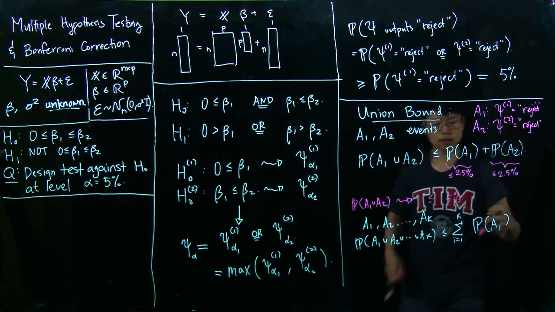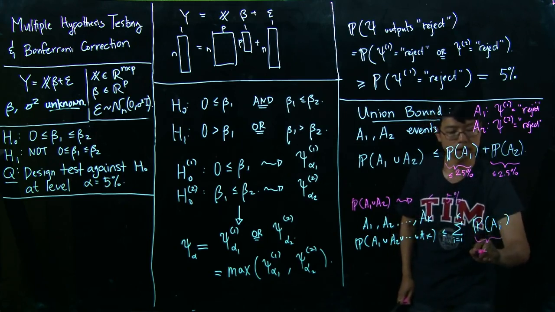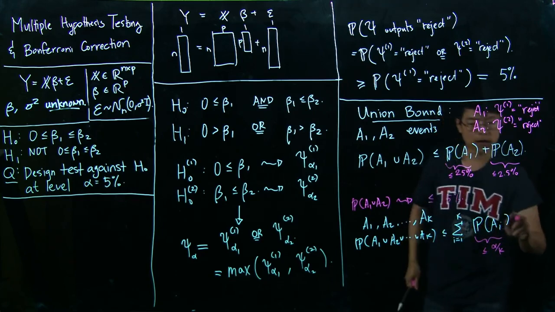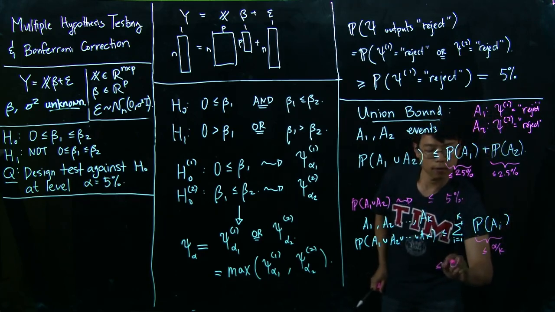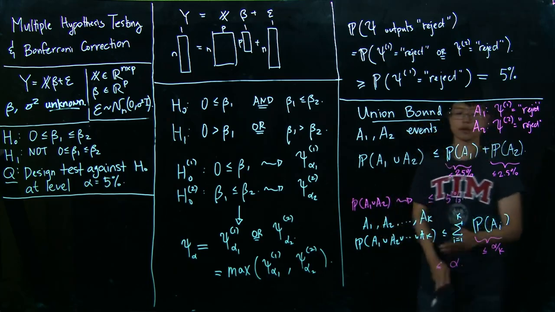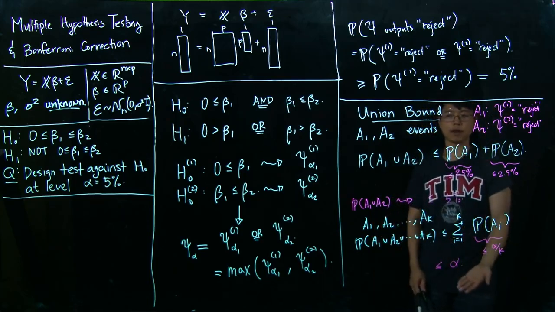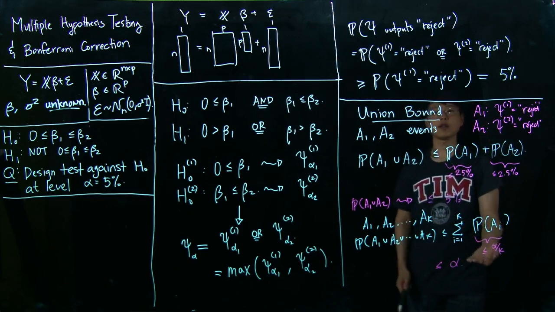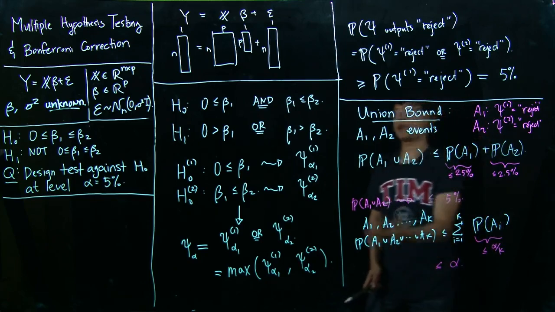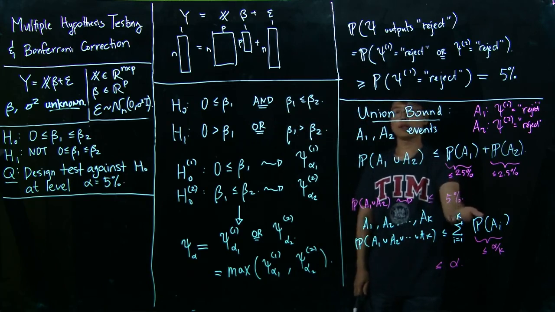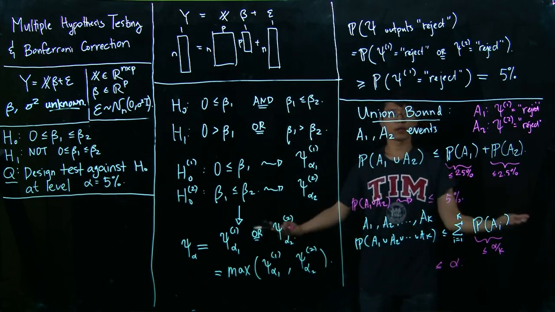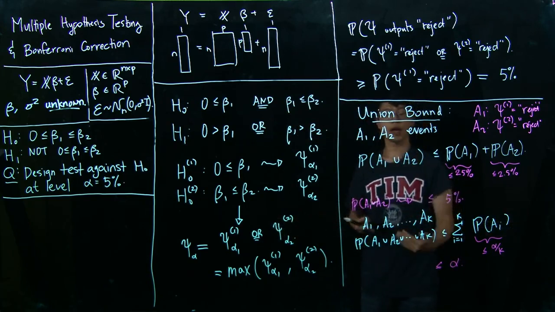Well, it suffices to set each of these at most alpha over k. In the end, we can bound this by alpha. So this is what is known as the Bonferroni correction. It's a simple application of the union bound where if we have two different hypotheses, or more generally k hypotheses, we can set each of the levels individually to alpha over k.